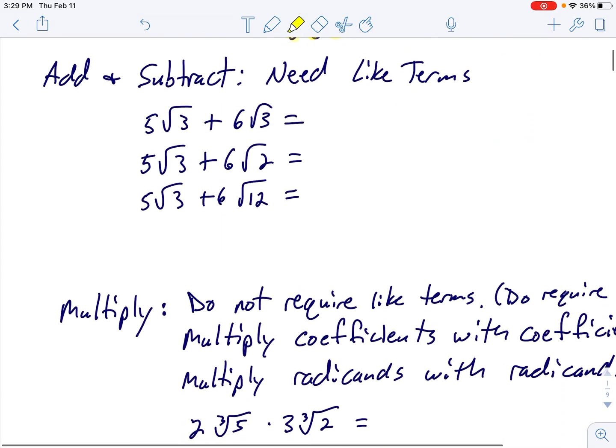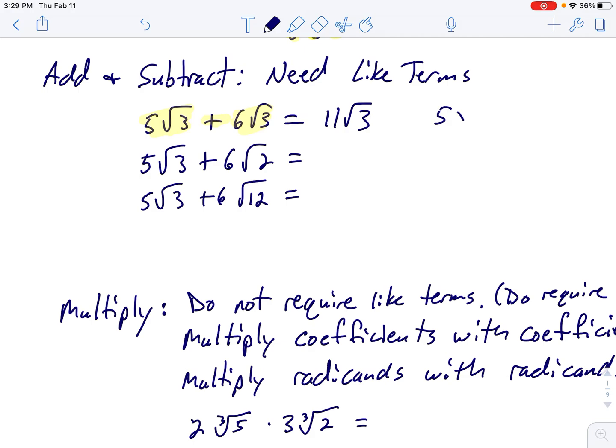But let's look at the various things you can do with them, starting with adding and subtracting. When it comes to adding and subtracting radicals, you basically look at the radical as though it's a variable in a sense, because you have to have like terms. So in this example, 5 radical 3 plus 6 radical 3, when you add that, you get 11 radical 3.